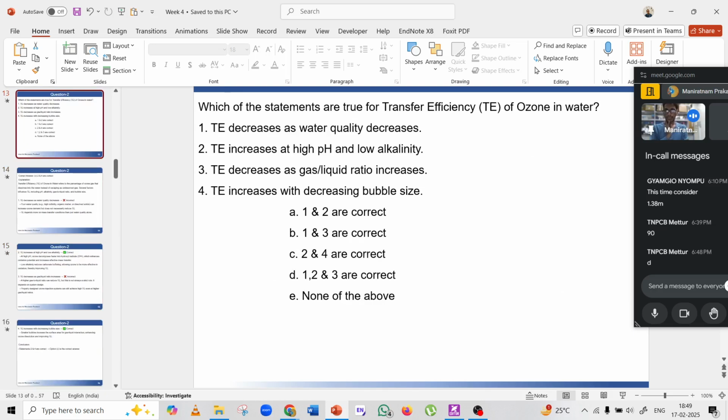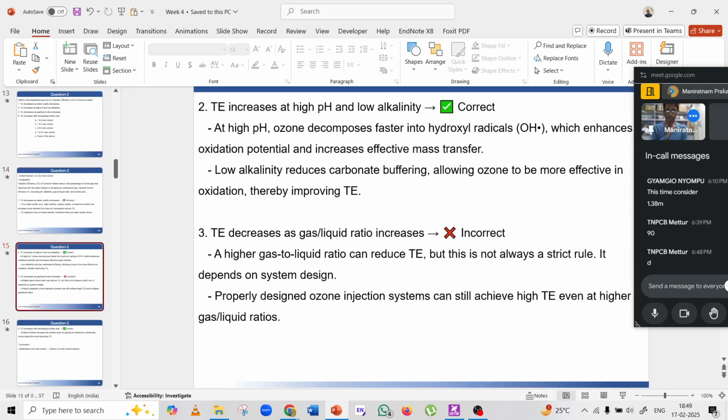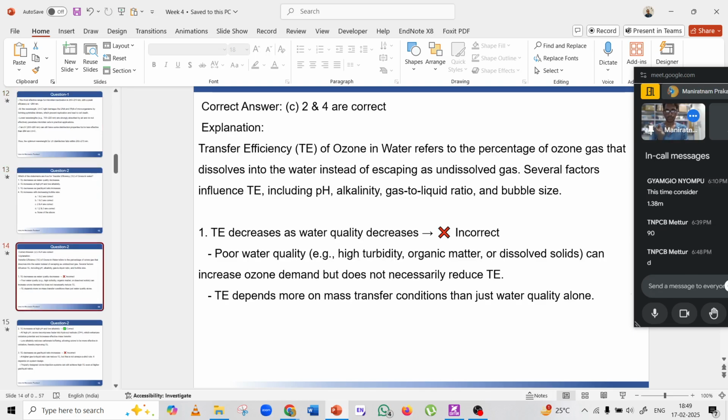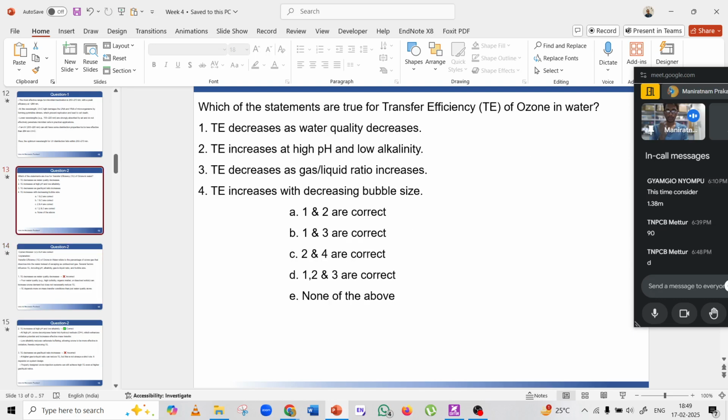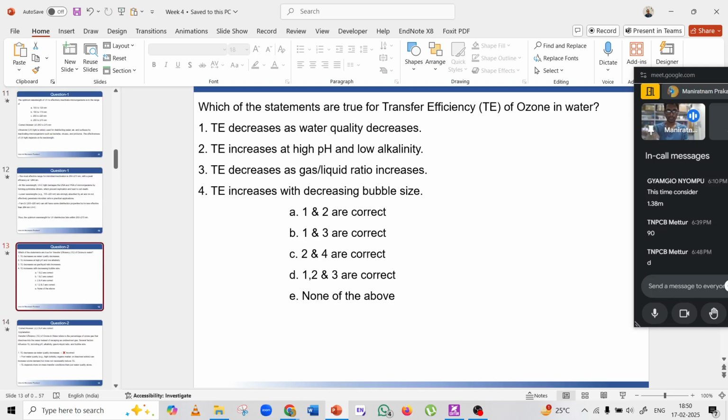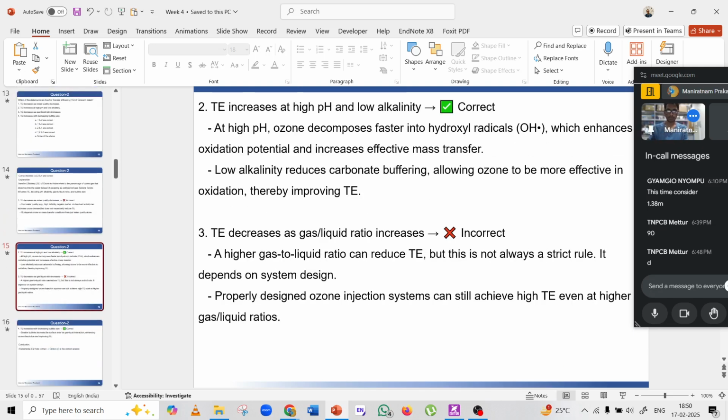There they are talking about another thing, transfer efficiency and all this, that is how ozone is getting entrapped.